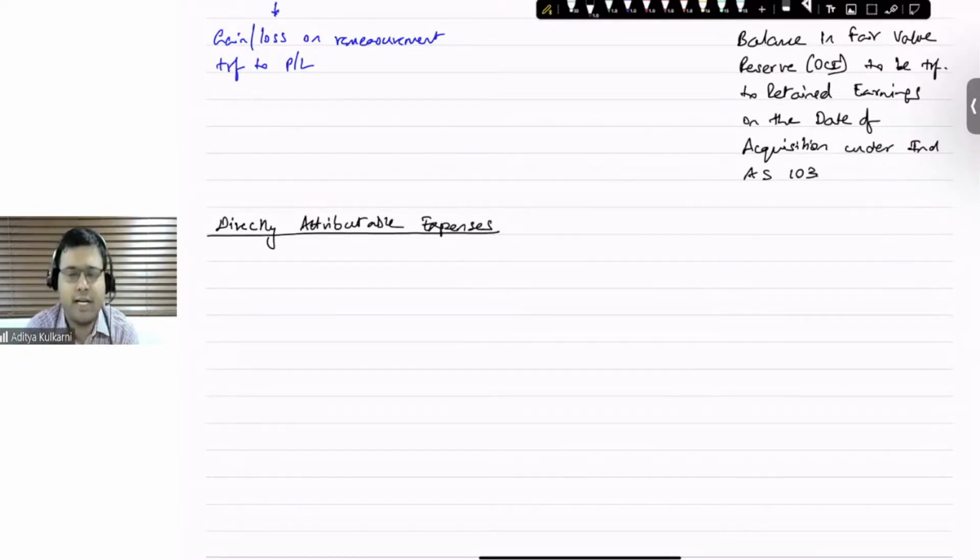Where is this going to hit? Is it going to hit the profit and loss, or should it hit the goodwill? Here Ind AS 103 tells us, look, by hiring consultants, your acquisition does not become more valuable. Suppose you are doing an acquisition and you have a consultant in the form of a multinational accounting firm, then their charges will definitely be higher than if you hire a local accounting firm.